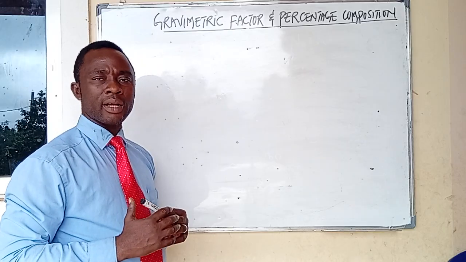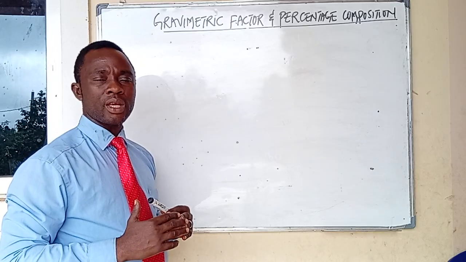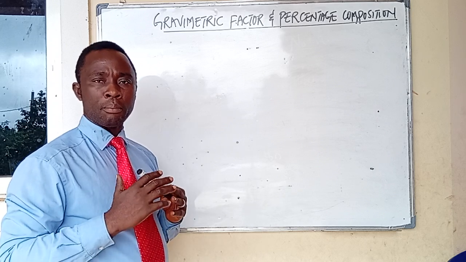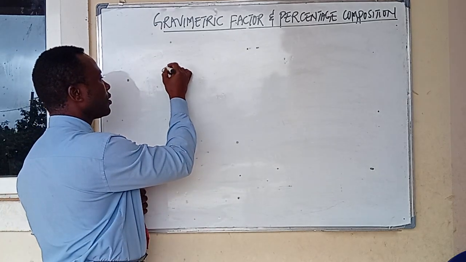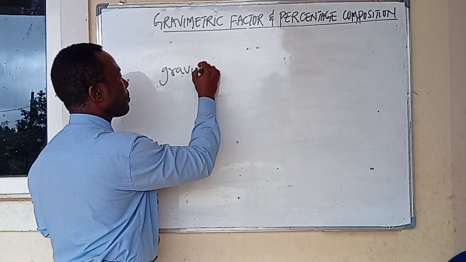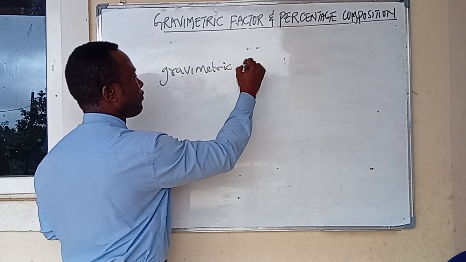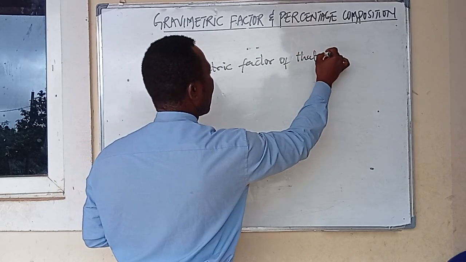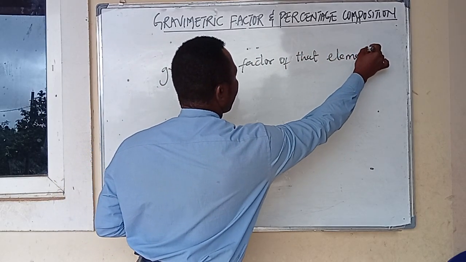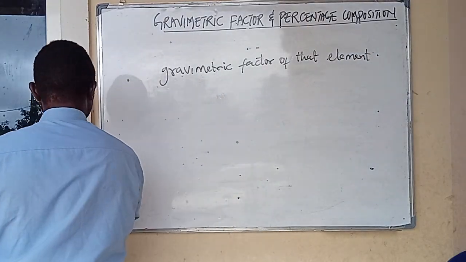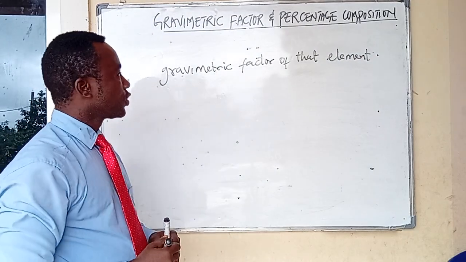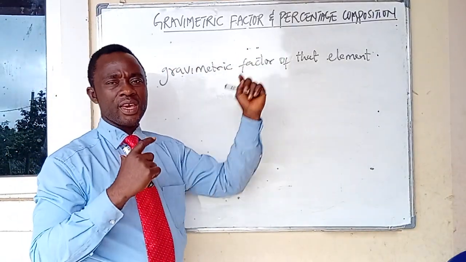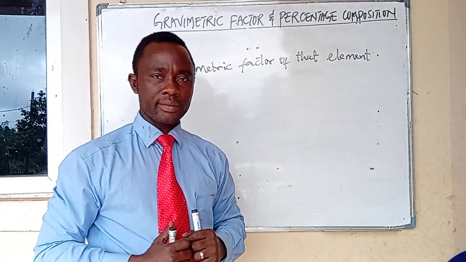Now, the relative amount of any element in a compound in a portion of the compound's mass is what we call the gravimetric factor of that element. Gravimetric factor of that what? Element. So you can be asked to find the gravimetric factor of any element in a compound.